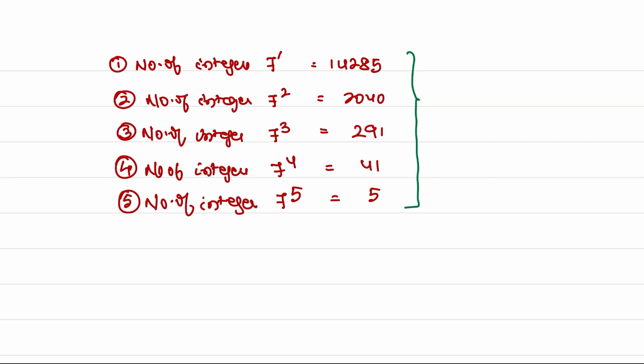I will just give it as homework: if k is equal to even, what happens? You please find out. This is odd, this is even, this is odd, this is even, and this is odd.